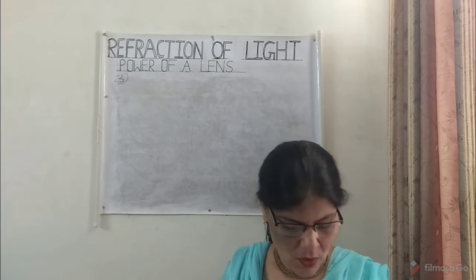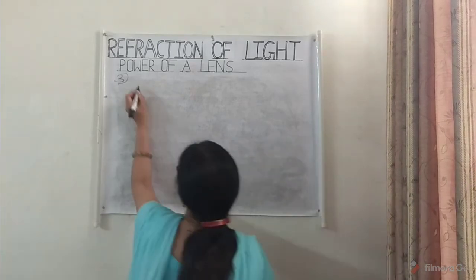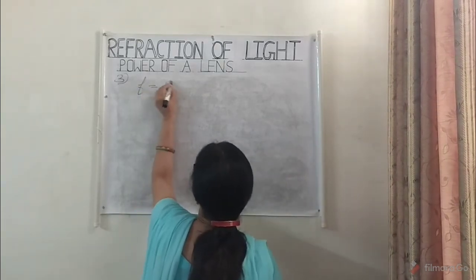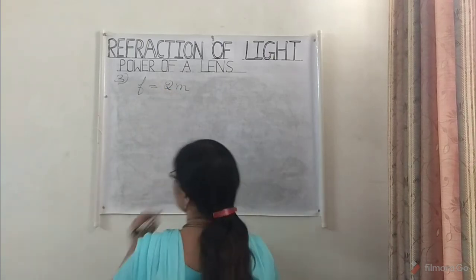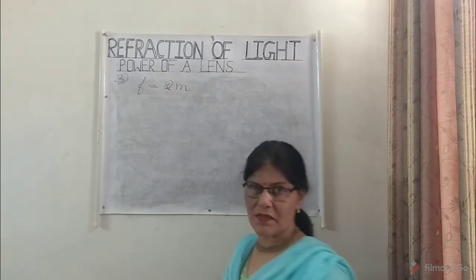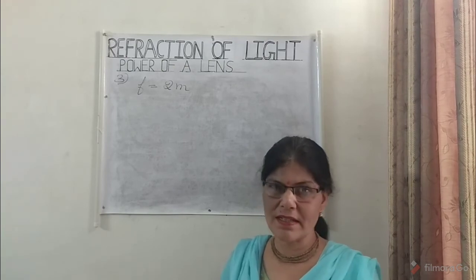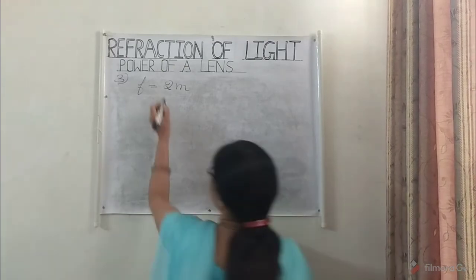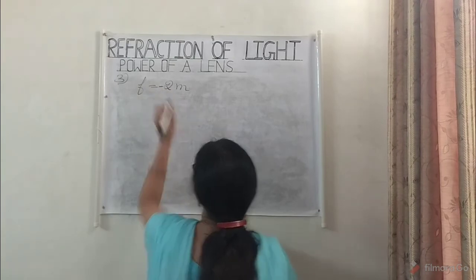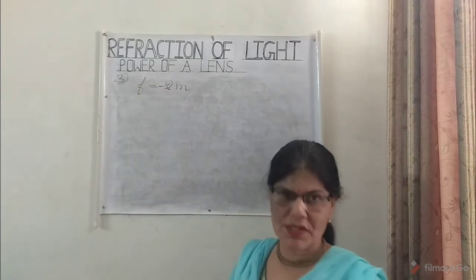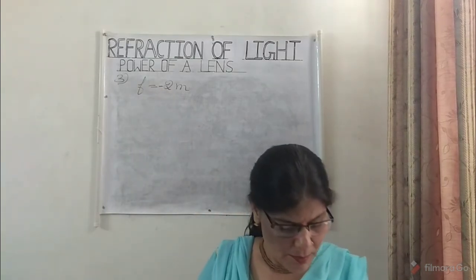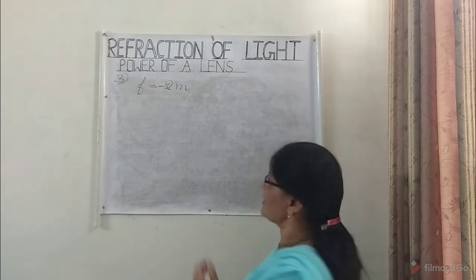Focal length is given to us as 2 meter, and it is also given that it is a concave lens. We know that in case of concave lens, focal length is taken as negative. So this is minus 2 meter, and we have to find the power of this lens.